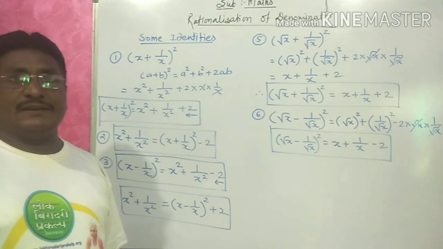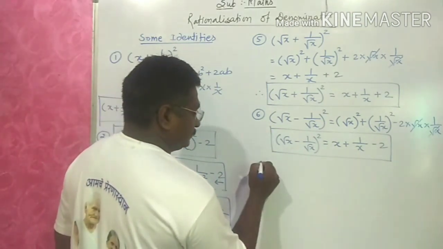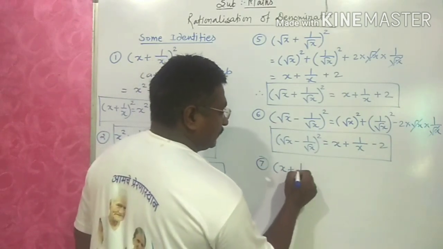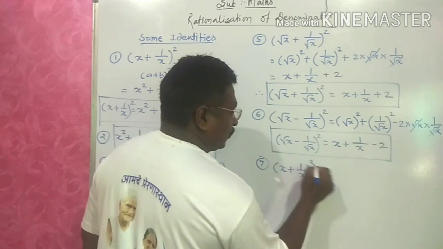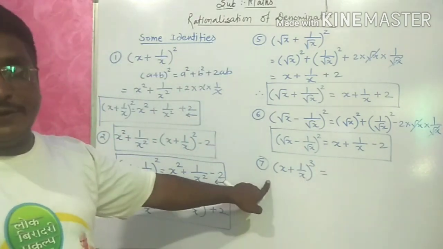Now the seventh identity is the cube. x plus 1 by x whole cube. What is the identity? This is a plus b whole cube.